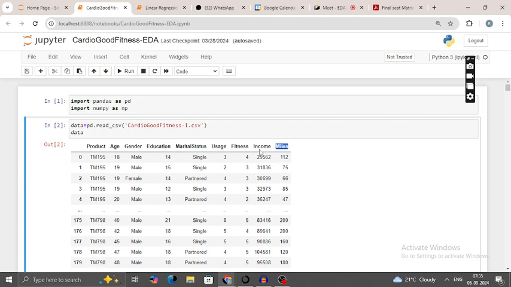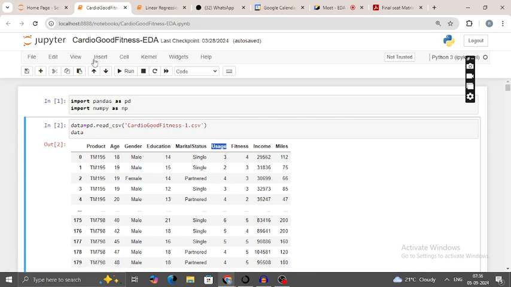Based upon that, how your fitness is going to be classified, and your fitness level is also going to depend upon your educational status, marriage, gender, usage, fitness, and so on. Okay, so this is the data you have.